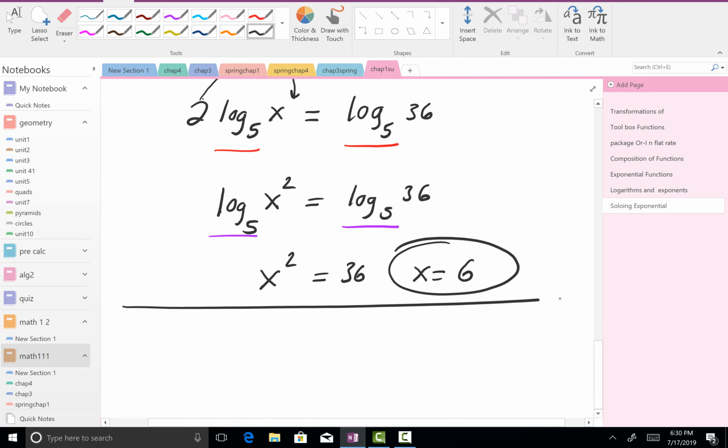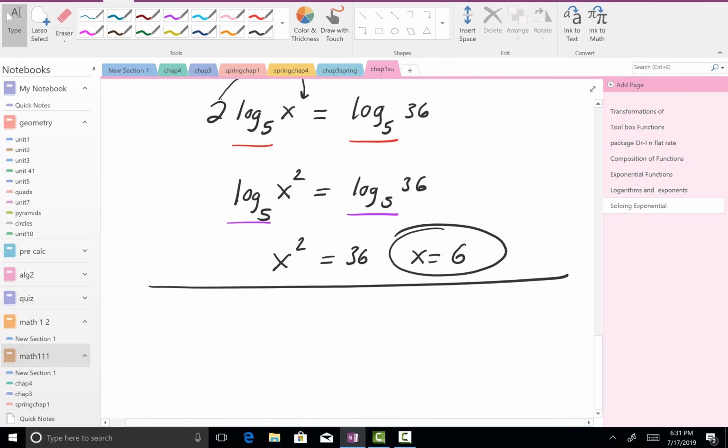So that's one situation where you're going to have a log equation, but all of these are pretty much going to be using properties of logarithms.